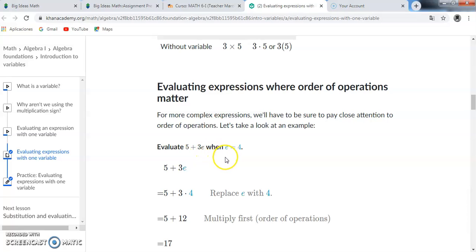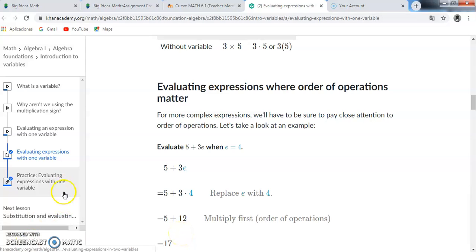So the first thing I'm going to do is replace letter e with the value that they're giving me, in this case, number 4. So I have 5 plus 3 times 4. In this case, remember that in PEMDAS, before addition, I have multiplication. So first I need to multiply. 3 times 4, 12. And then I do the addition. And that's how you need to work on it.